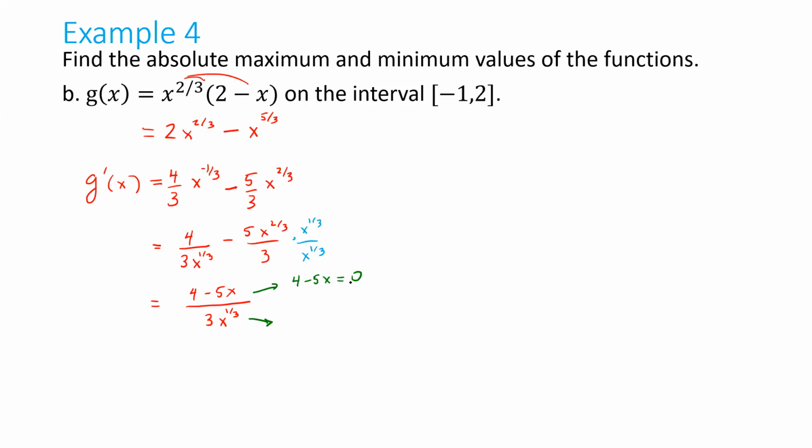So 4 minus 5x equals 0 when x is equal to 4/5. And then 3x to the 1/3 equals 0 when x is equal to 0. Okay, so there's our critical points.